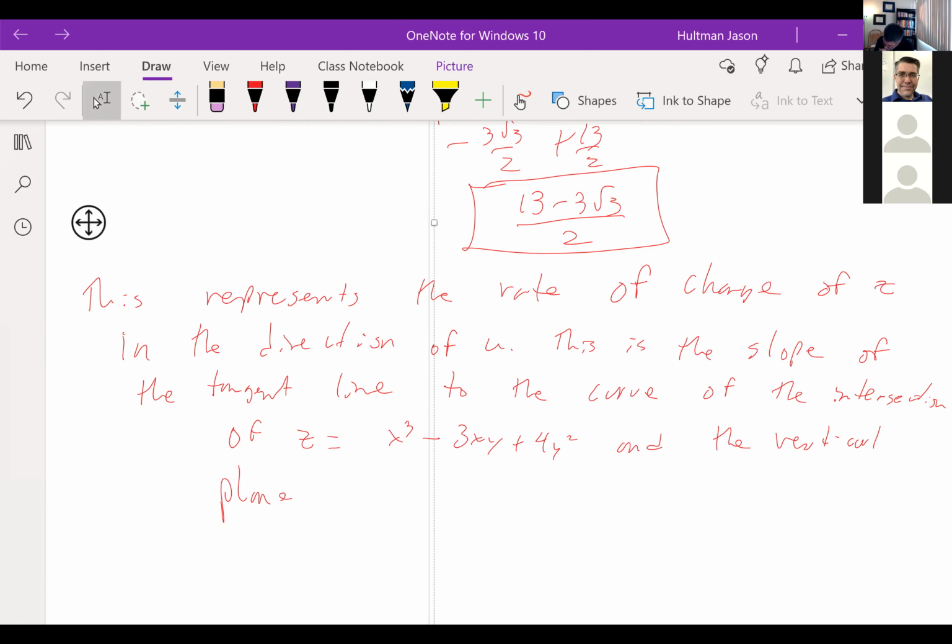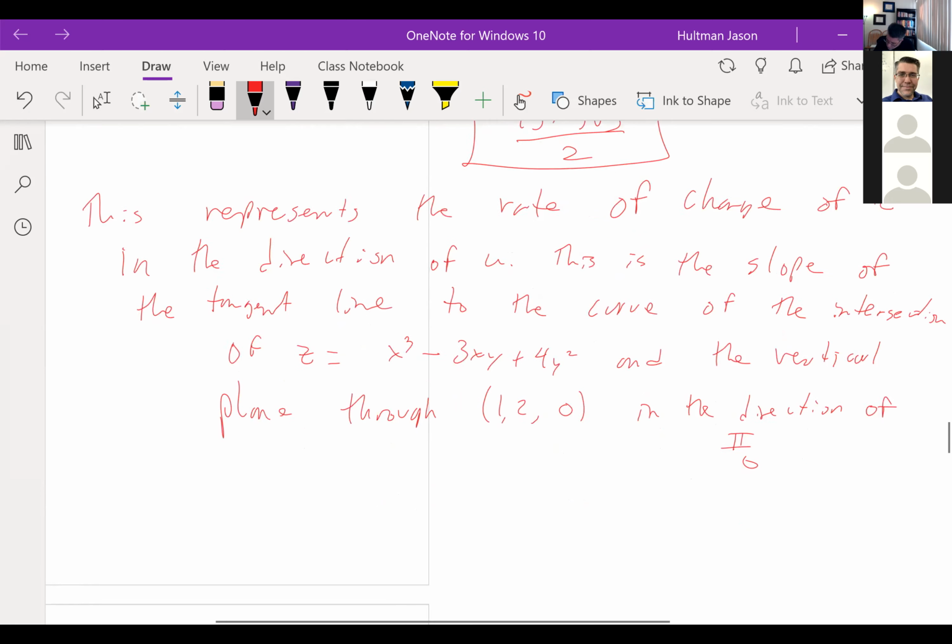And the vertical plane through (1, 2, 0), in the direction of pi over 6. So it's saying, look, we have a vertical plane here.